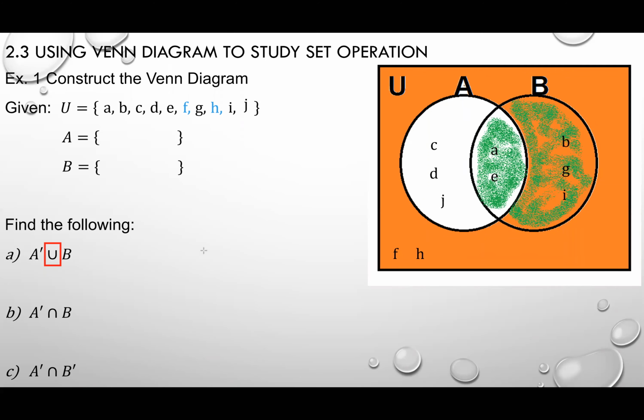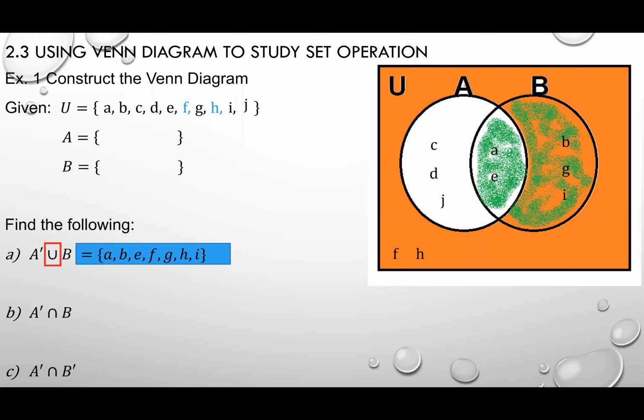The union basically tells you whatever you have, combine them together. So to answer this question, anything that I touch with my paint, which is the orange, which is F and H, B, G, I, A and E, as long as my paint touched them, those are the items that are either outside of A or inside of B. Because the word or means either one or the other.